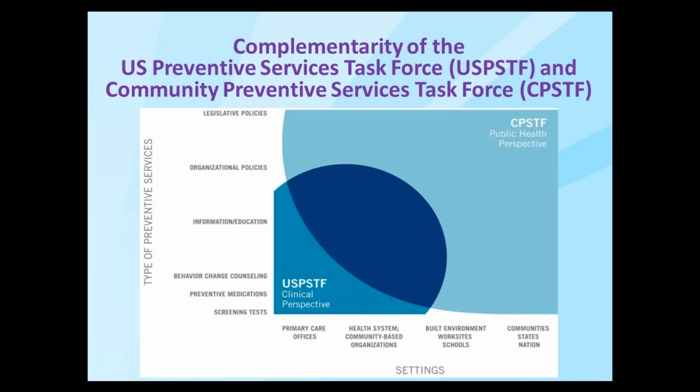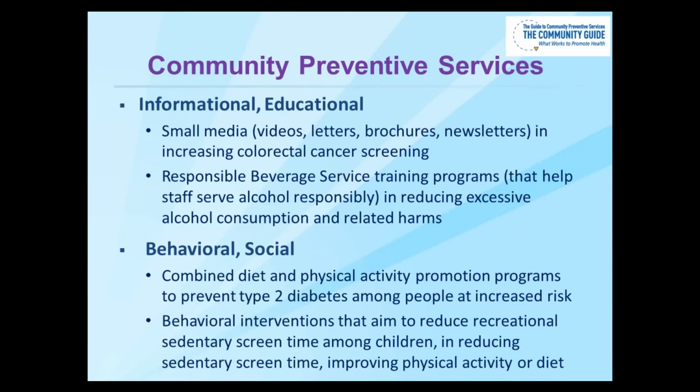And it looks at the effectiveness of things like screening tests, preventive medications, and behavior change counseling. The Community Preventive Services Task Force looks at other things in the health area. Let's move to the next slide and I'll provide some examples and lay this out for you. So there are basically 4 areas of community preventive services, all 4 of which the Community Guide works in.